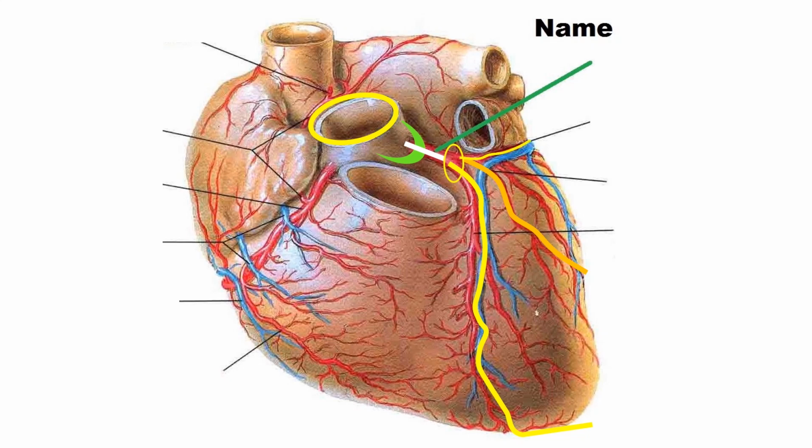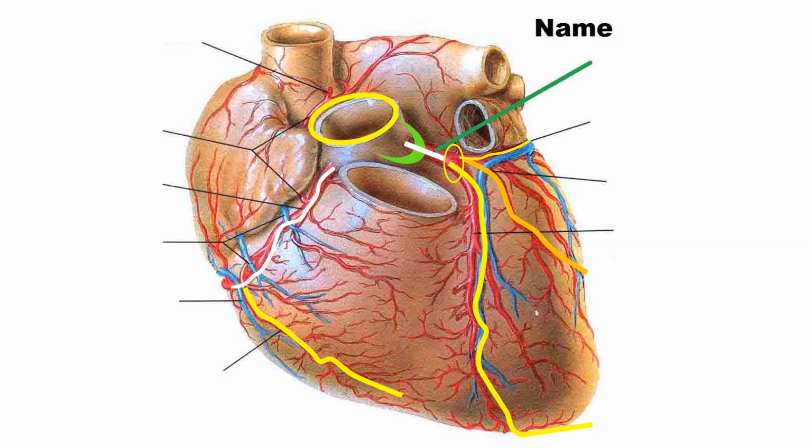It also gives a diagonal branch supplying the left ventricle, and then it continues as the circumflex artery, a branch of the left coronary artery.